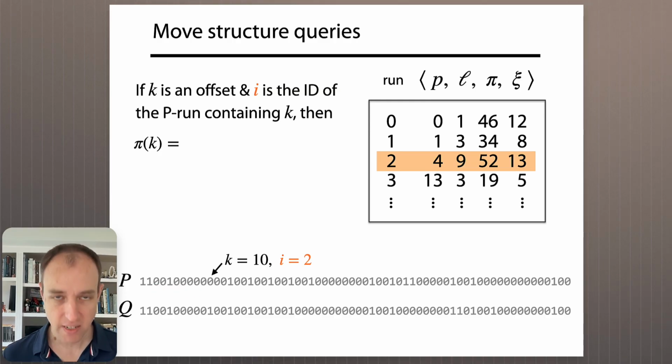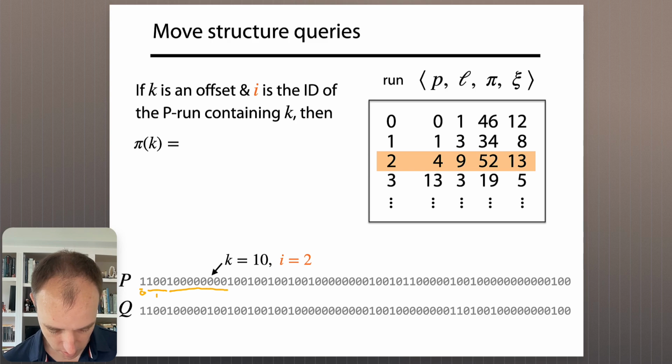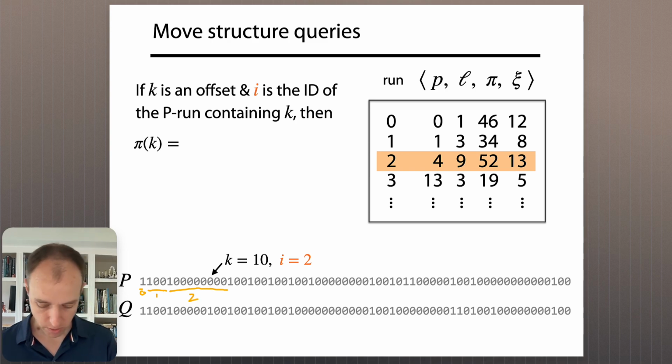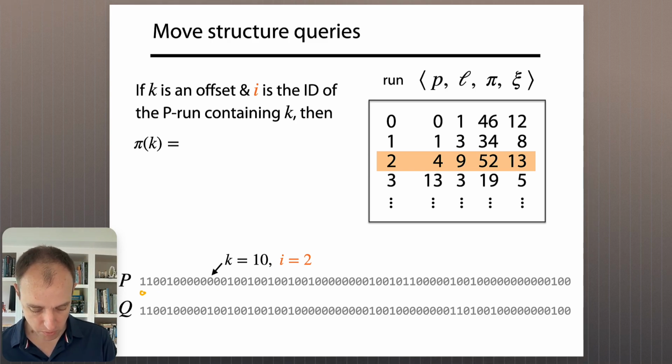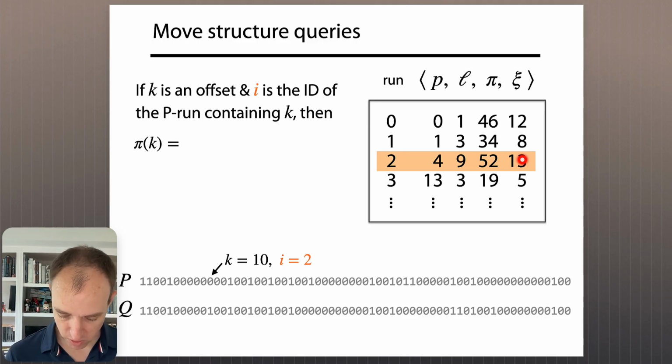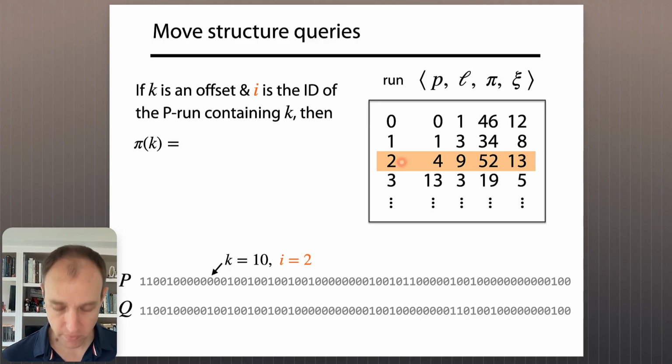And the run we're in is run 2, because this is run 0 here, this is run 1, this is run 2. Which means if we look at the move table, we must be in this row, the row labeled run 2.